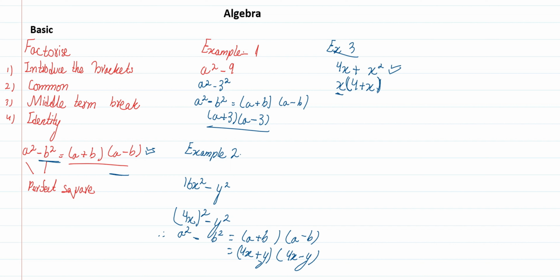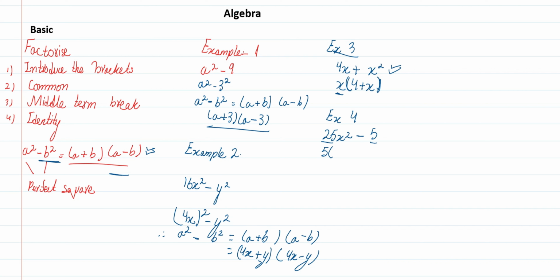Okay, so the next example, example number 4. In this example, let's suppose it is 25x square minus 5. So 25 and 5 both come in the table of 5, so you have to take 5 as a common.